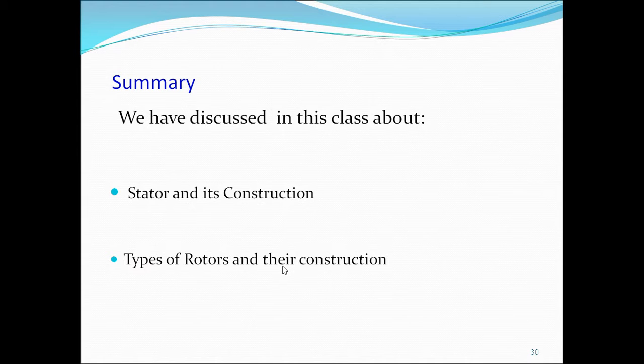Salient pole has large diameter and small axial length, whereas non-salient has small diameter and large axial length. Salient pole is used for low and medium speed, whereas non-salient is used for high speed. Salient is used for water turbines and non-salient is used for steam turbines.